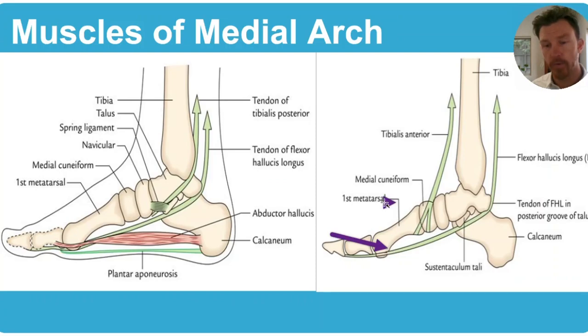And then we're also looking at the tibialis anterior muscle. So that inserts very close to where the posterior inserts, but it goes to the front of the shin instead of the back of the shin. And so all of these muscles are working in order to maintain the medial arch.